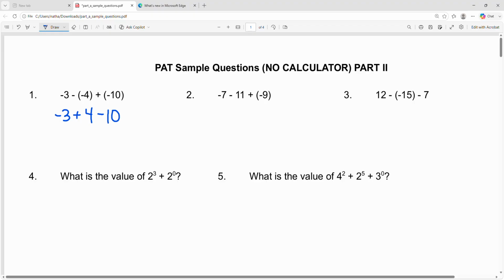Okay, now that's a little easier to look at. I can do this a couple ways. I can take these two and add them together and then next to this one, or I could take my negative numbers and combine those first. That may or may not make it a little easier. But let's see, what am I going to do? I'm just going to go from left to right, and that might be good for most of you doing that. So -3 plus 4. So remember, we have different signs. We're combining these two numbers.